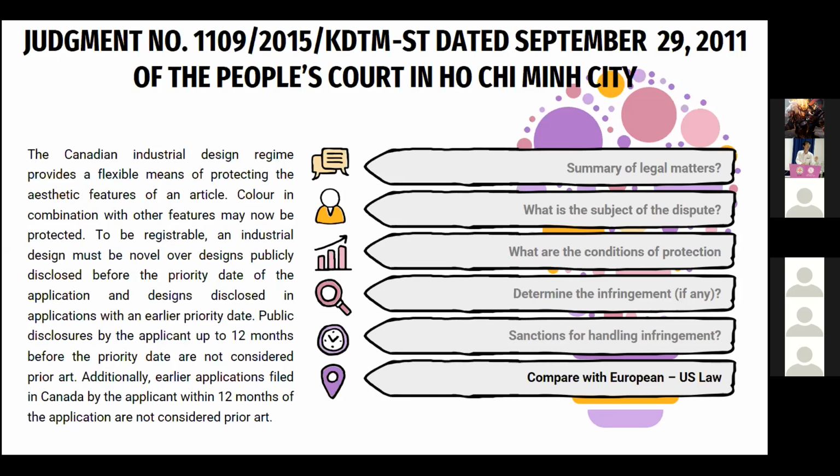Public disclosures by the applicant up to 12 months before the priority date are not considered prior art. Additionally, earlier applications filed in Canada by the applicant within 12 months of the application are not considered prior art.